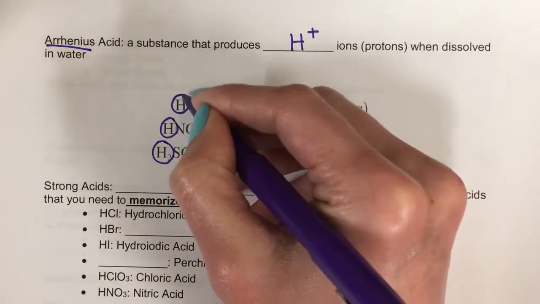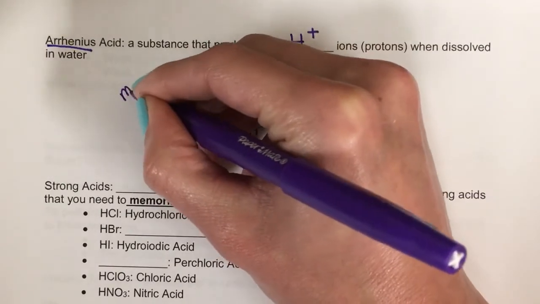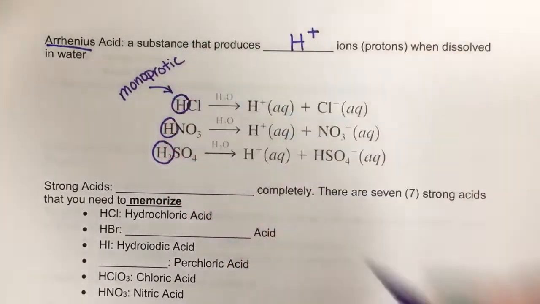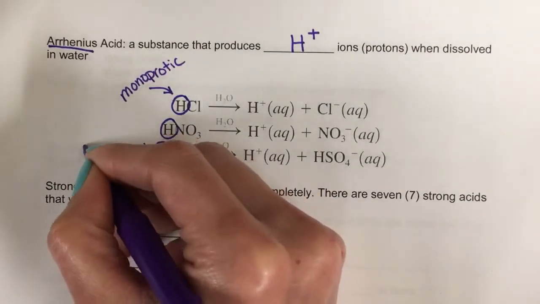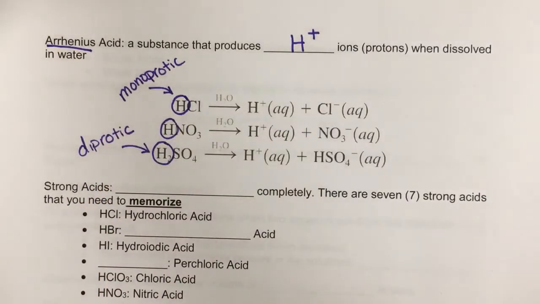If there is a single H in front of my acid, I call it a monoprotic acid. If there are two, like H2SO4, I call it diprotic. And if it had three, I would call it triprotic. H3PO4, phosphoric acid, has 3 H's.